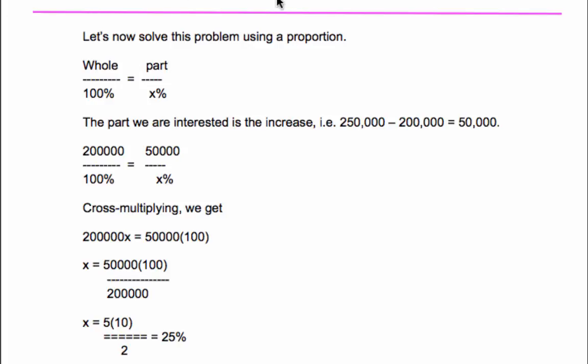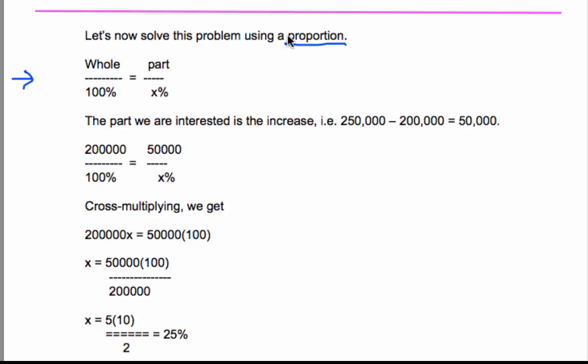Alternatively, we can solve the problem using a proportion. The proportion is the whole is to 100% as the part is to X%. Now the part in which we're interested in is the increased amount, since we want to find the percent increase.